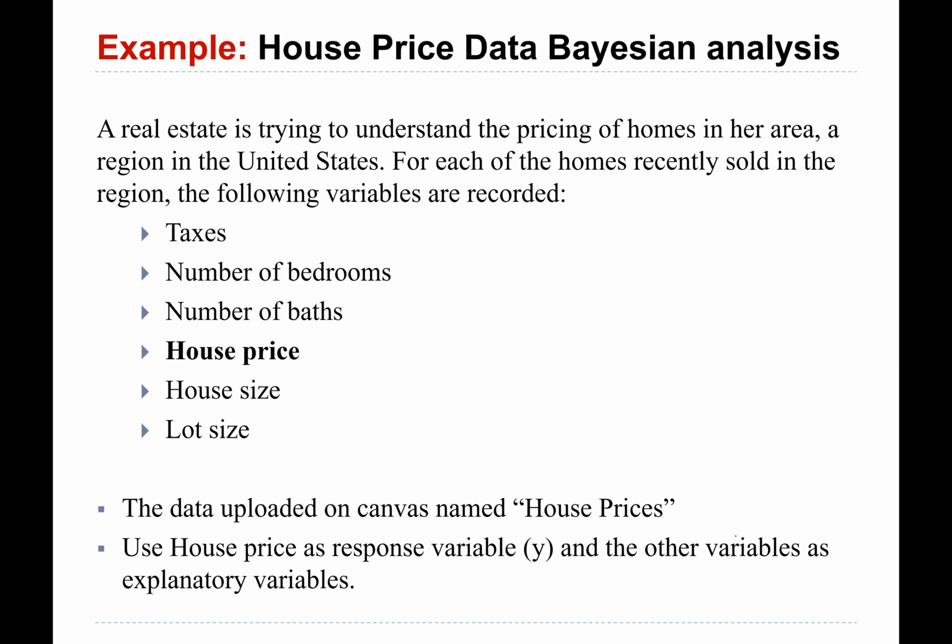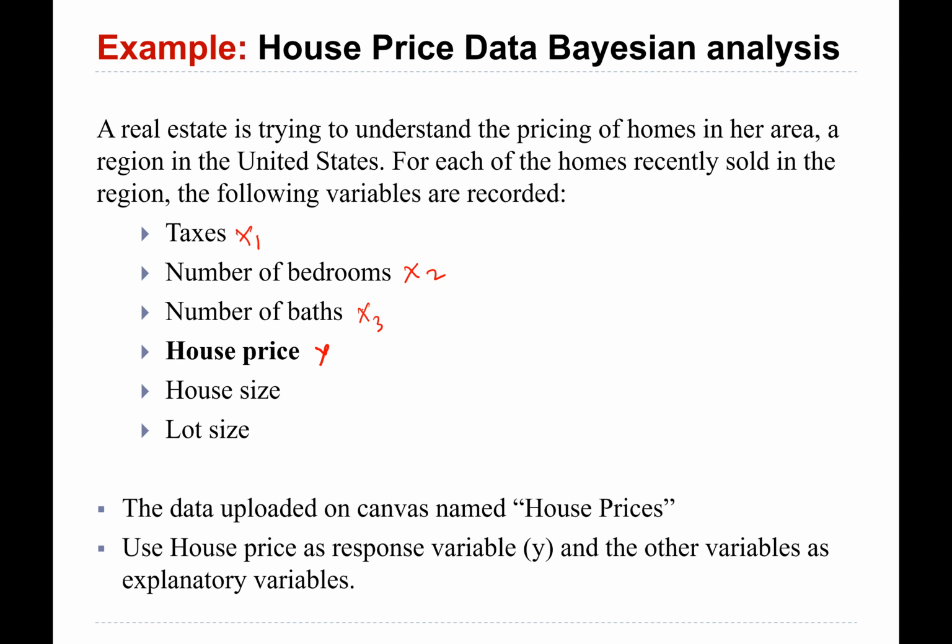So let's practice on this real data set, the house price data, by the Bayesian approach. We worked with this data before, but we worked with the house price as the response, and the house size as the explanatory variable. But now we have many explanatory variables. X1 is the taxes. X2 is the number of bedrooms.